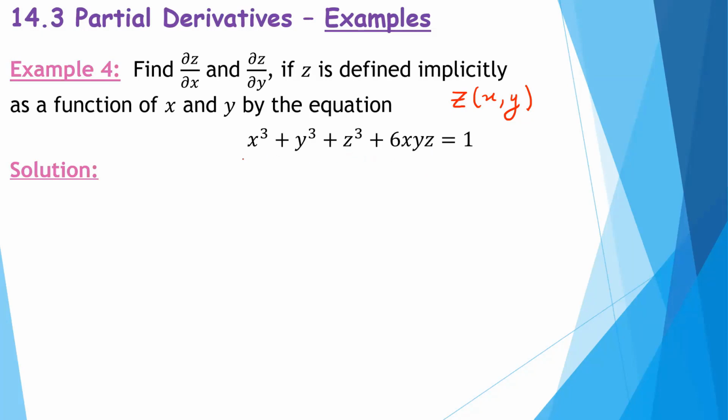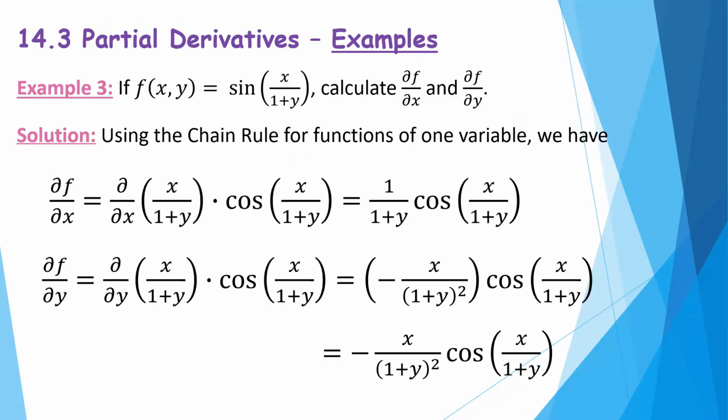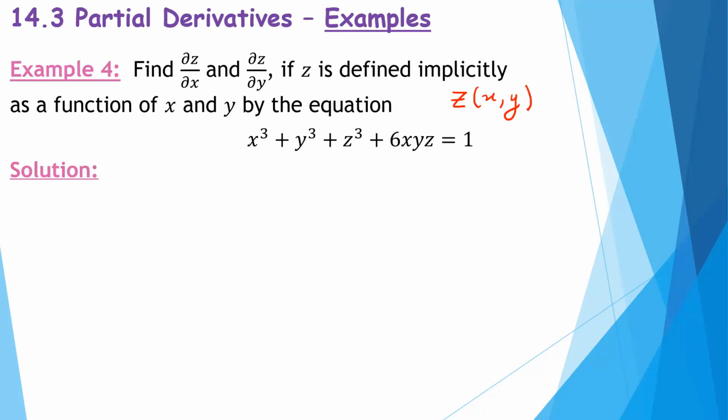So z is related to x and y, and we don't have, like in the previous example, an explicit function like sine of x over 1 plus y, or a log or exponential. So here, z is a function of x and y. Z is the dependent variable. X and y are the independent variables.